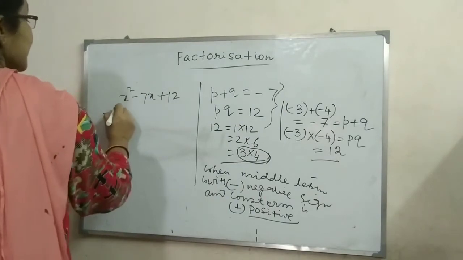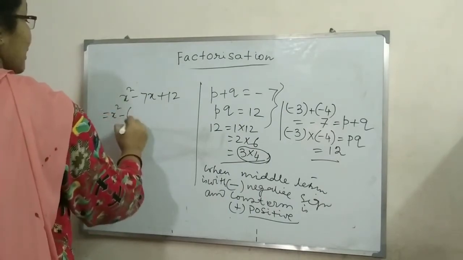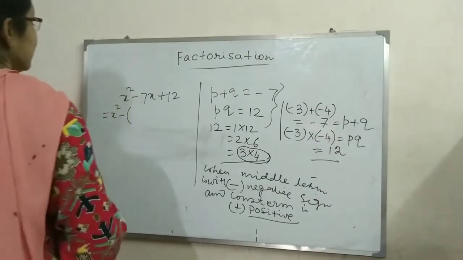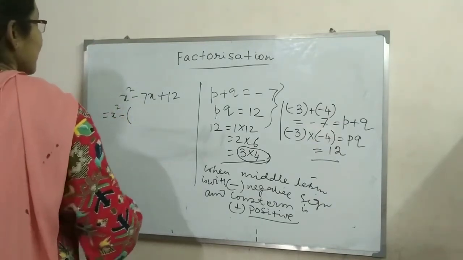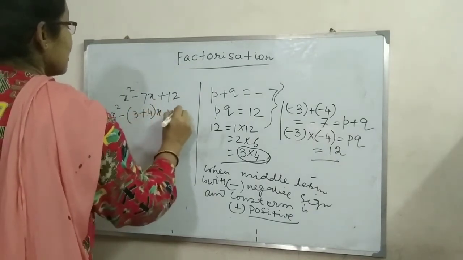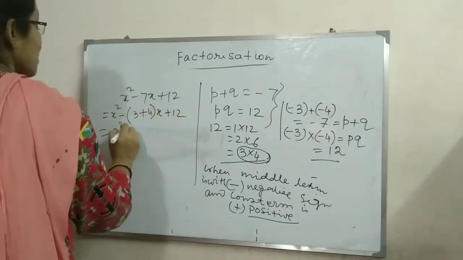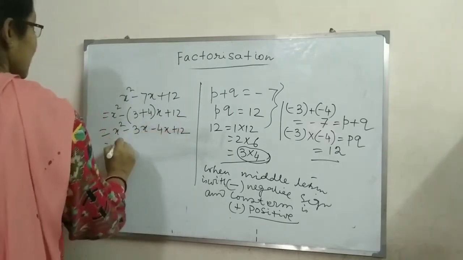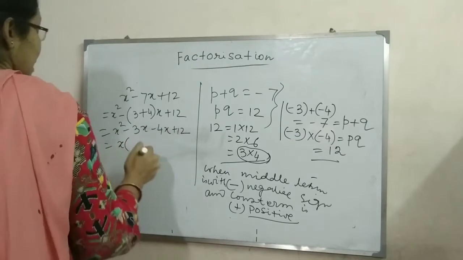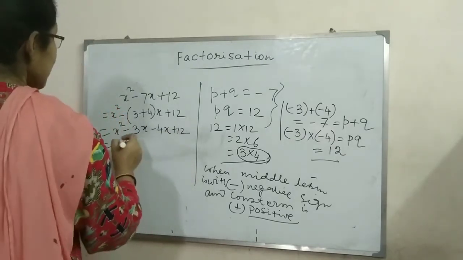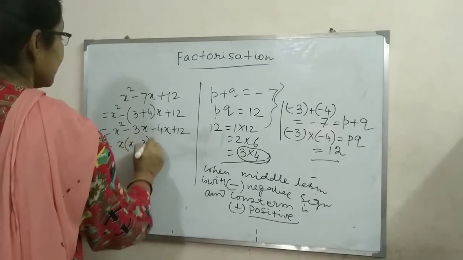So I can write it in this form: x square minus 3x minus 4x plus 12. By the similar process, I can write it in this way.